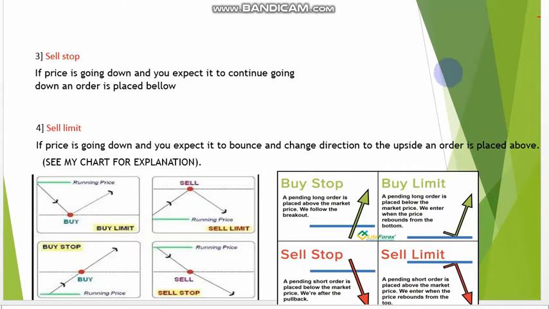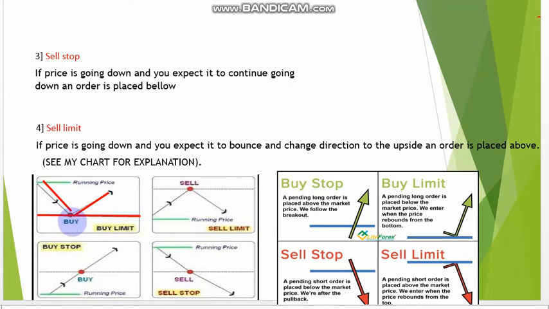Now, for a buy limit, this is the situation. The price is going down, and because of your predictions or your analysis, you know that when the price reaches this particular price, it is going to bounce and start going up.